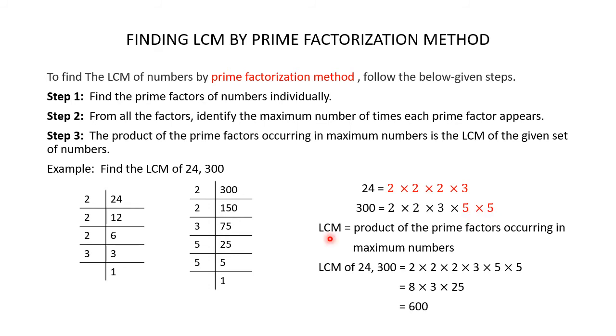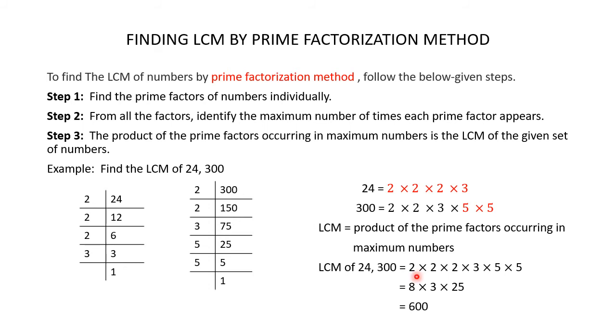So LCM is nothing but the product of the prime factors occurring in maximum numbers. So LCM of 24 and 300 is 2 multiplied by 2 multiplied by 2 multiplied by 3 multiplied by 5 multiplied by 5. Here you have considered 2 appearing maximum number of times, that is 3 times. 3 appears only 1 time and 5 appears 2 times.